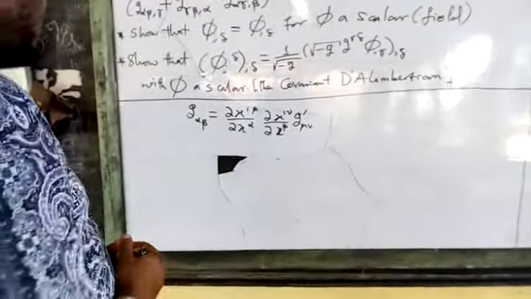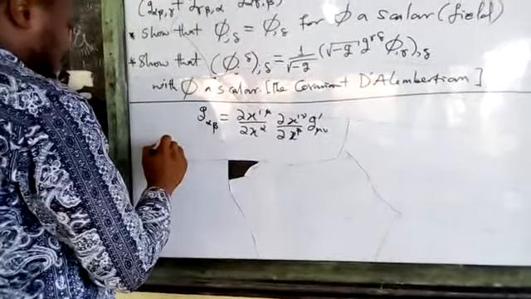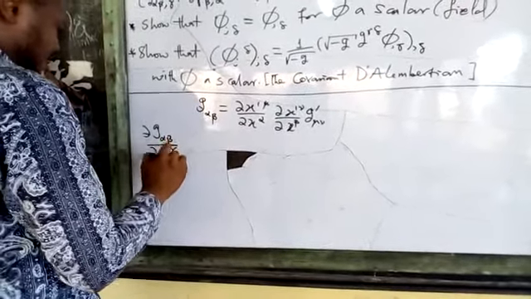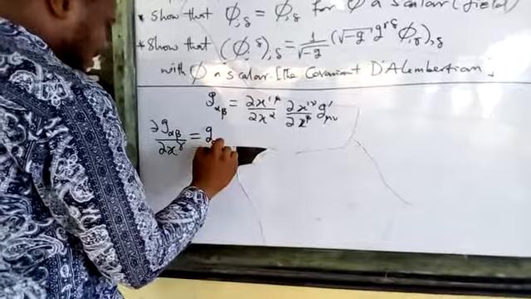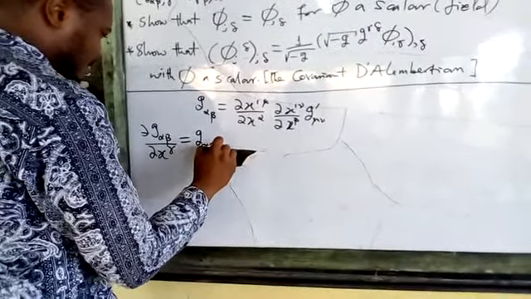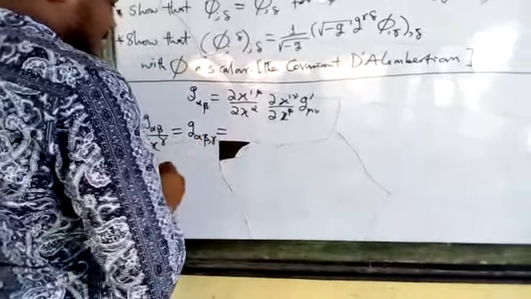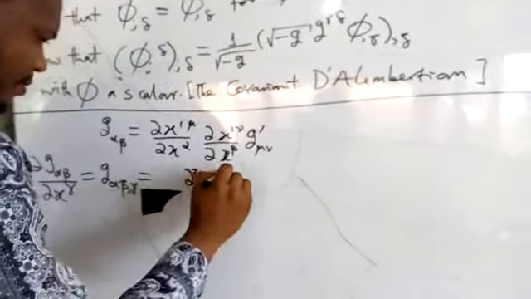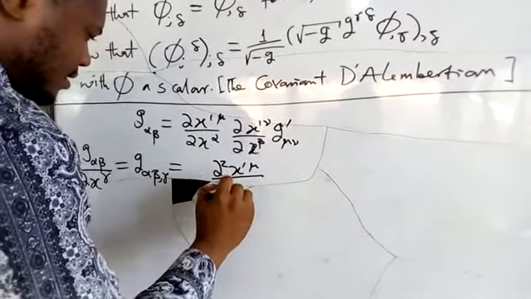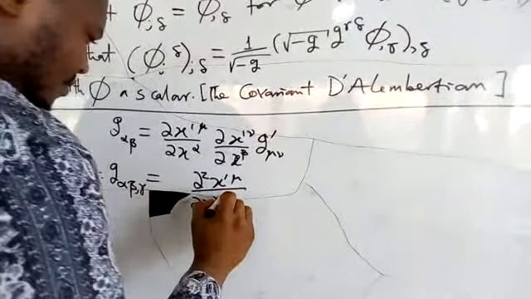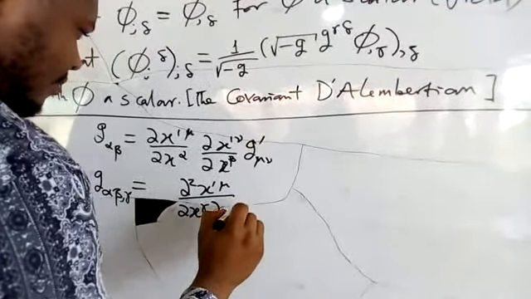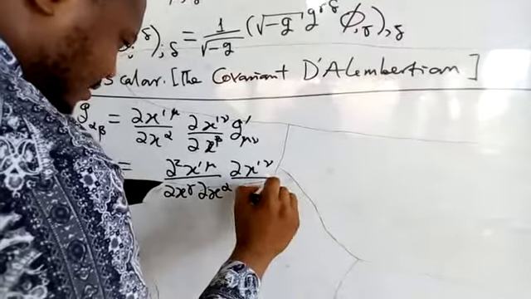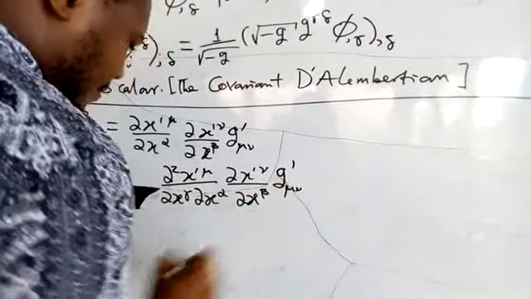So, at this moment in time, supposing we say something like differentiating this G alpha beta with respect to x gamma, which is the same as G alpha beta comma gamma. Now, this will be the same as, of course, the usual Leibniz rule. I'm going to say the second derivative of x prime mu, the x gamma, the x alpha, then I have the x prime nu, the x beta, G mu nu prime.